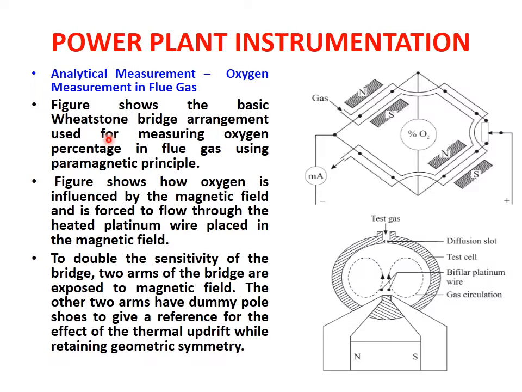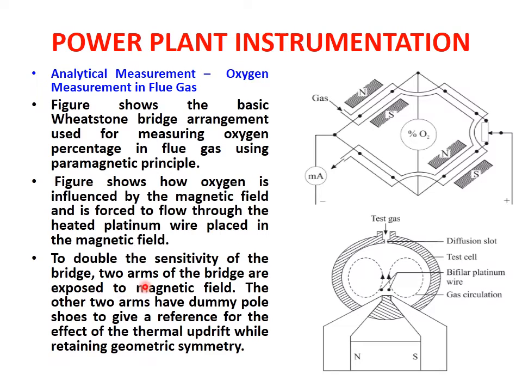The figure shows the basic Wheatstone bridge arrangement used for measuring oxygen percentage in flue gas using the paramagnetic principle. The figure shows how oxygen is influenced by the magnetic field and is forced to flow through the heated platinum wire placed in the magnetic field, as we have seen in the earlier slide.